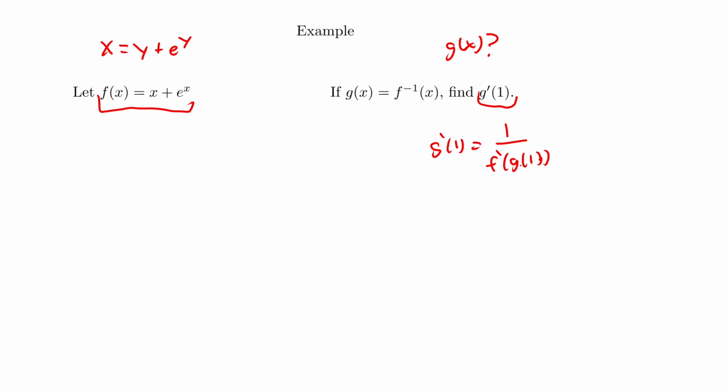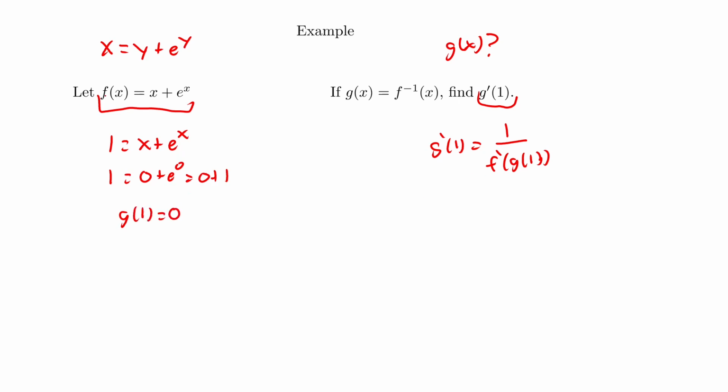Well, we can kind of guess and check, because g of 1 is going to be, if I plug a 1 over here, and I have x plus e to the x like this, I say, well, what value of x gives me 1? Just by observation, we'll see that if we plug in 0 for x, we will get 1, because we get 0 plus e to the 0, which is just 0 plus 1. e to the 0 is 1. So I know that g of 1 has to be equal to 0.